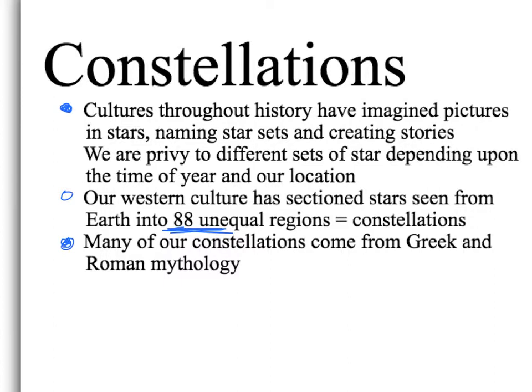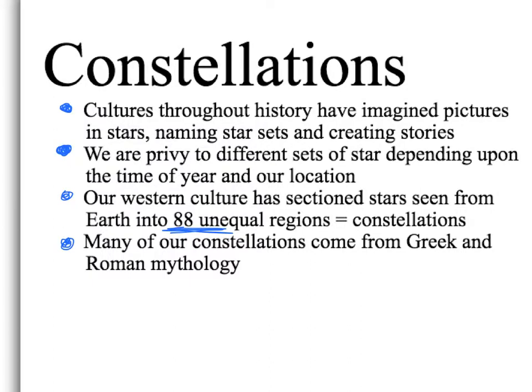And some constellations, I bet you already figured, only the southern hemisphere can see, and some constellations only the northern hemisphere can see. As we orbit the sun, it takes us 1 year to go around the sun once.